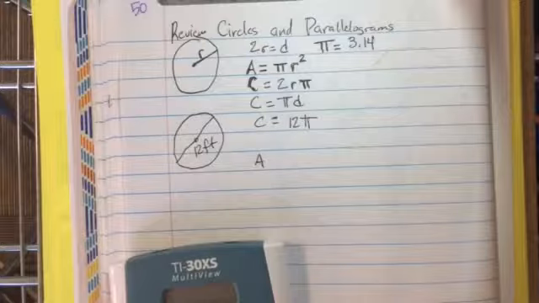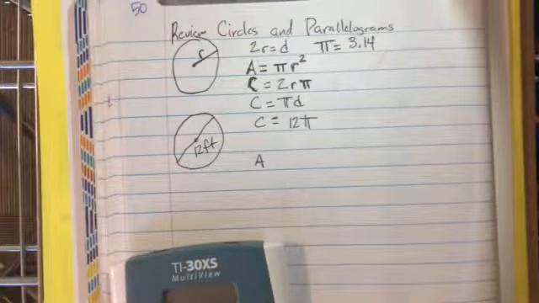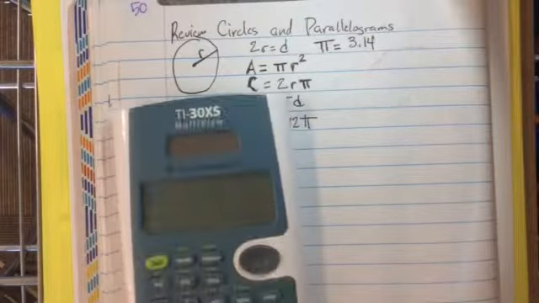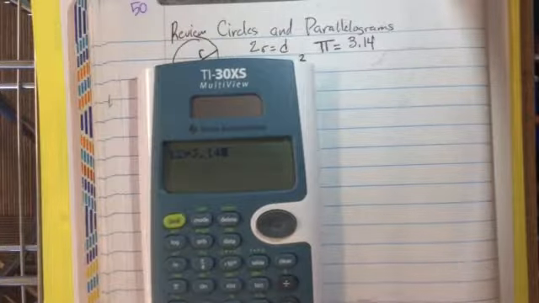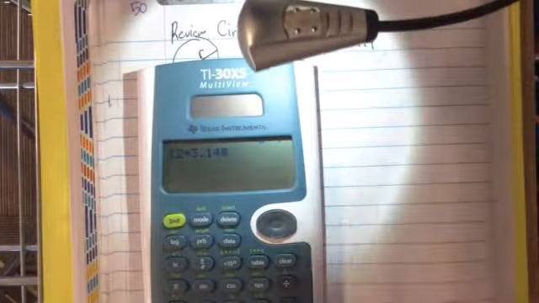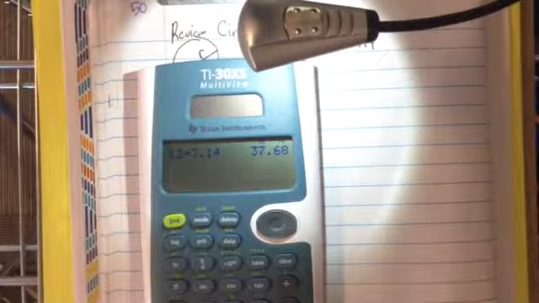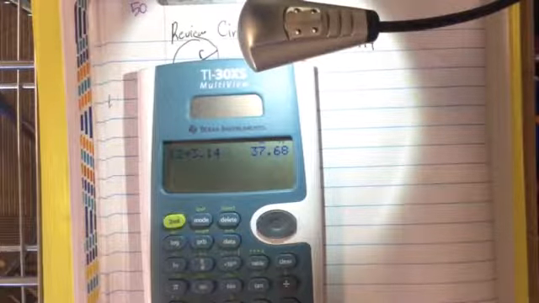And if we don't have pi on our calculator, what number are we using? 3.14. So, in our calculators, 12 times 3.14, that equals 37.68. And now we're rounding this to the nearest 10th.